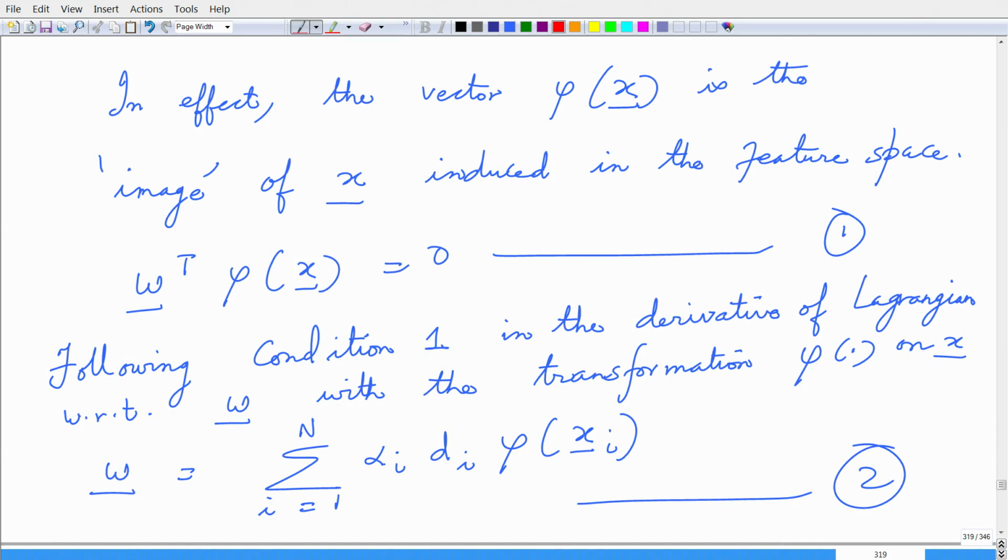So in effect, what is happening here? The vector phi of x is basically the image of x induced in the feature space, and as a consequence of that we need to figure out a hyperplane W such that W transpose phi is 0, that is inner product of the weight vector W and the feature vector phi of x has to be 0. That is the equation of the hyperplane.